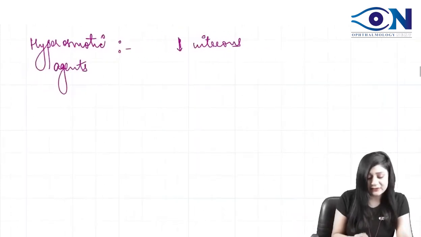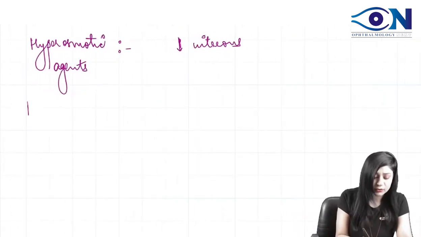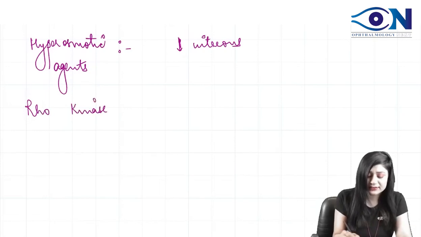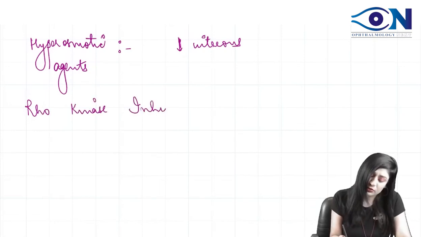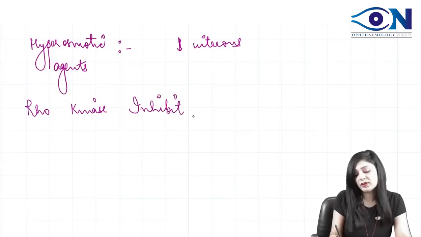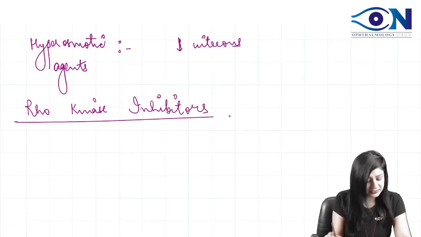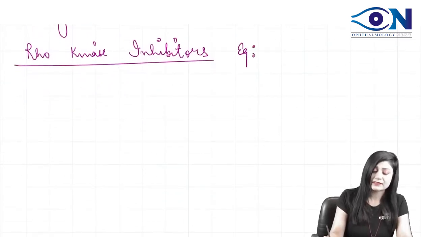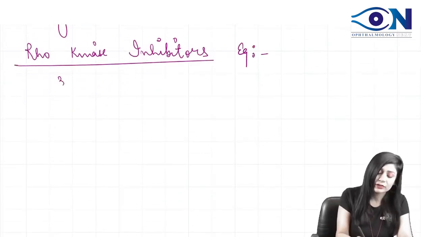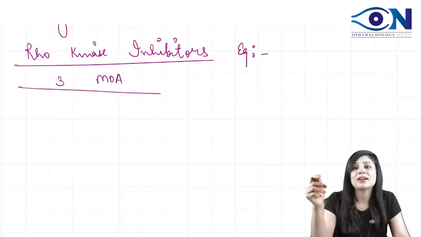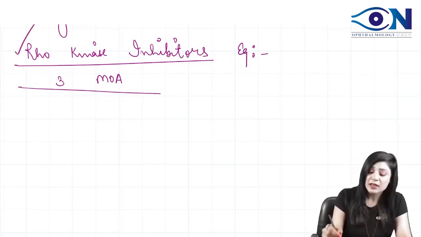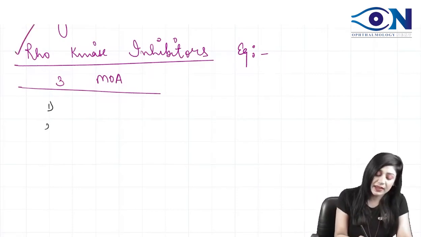And finally, we have the Rho kinase inhibitors. Who will tell me an example of a Rho kinase inhibitor? Anybody? They have three mechanisms of action. So whenever you do not get any drug which is acting by any of the actions and this is given, the answer will be this only, because we have all three mechanisms of action.